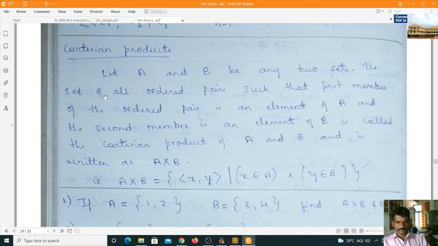In the previous class we were discussing the Cartesian product.